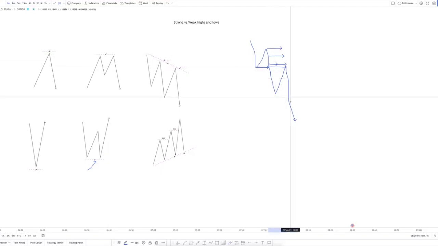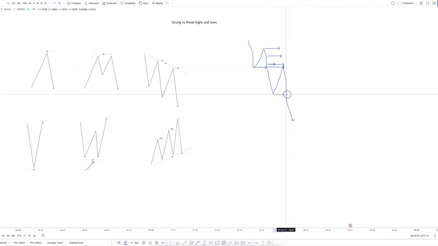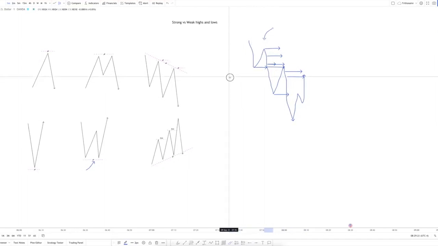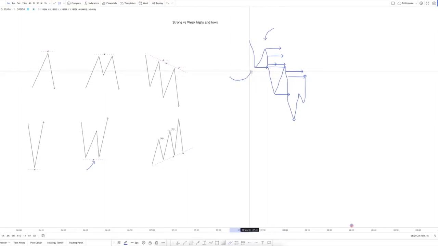It trades into the reaction and then pushes to the downside to take out demand again. That is very, very important, guys. When you're within a downtrend, you expect your highs to be strong, and your lows to be weak. What this means is your highs are going to be protected and your lows are going to be targeted. Okay, so that's what that means.